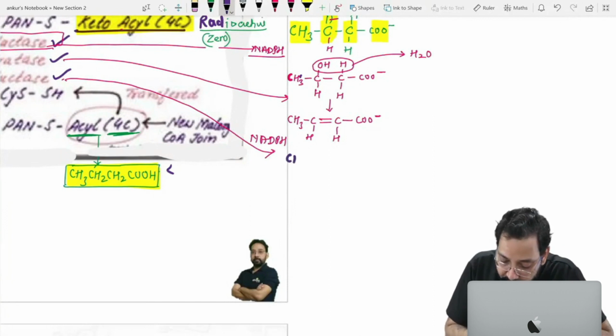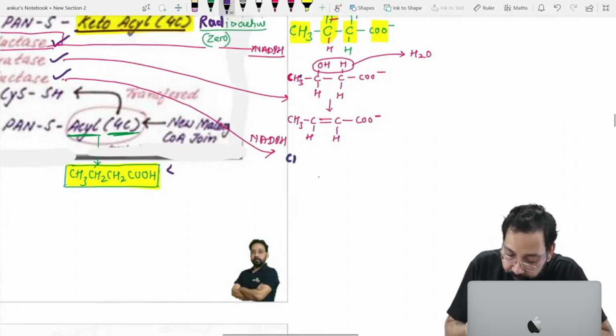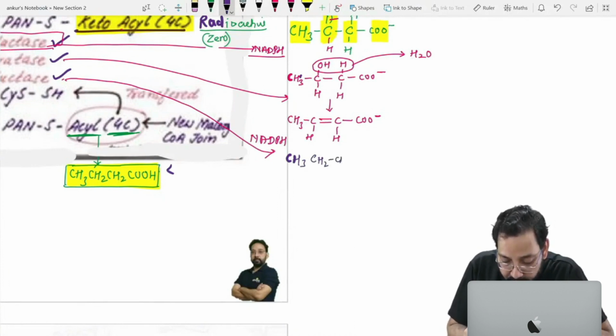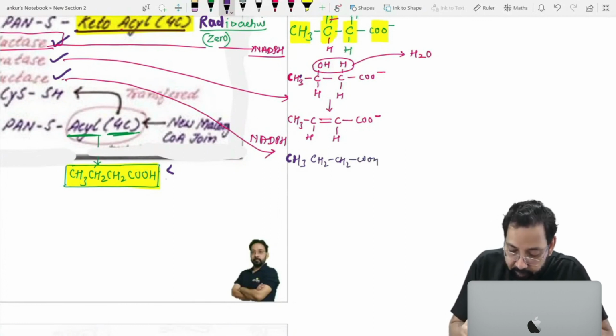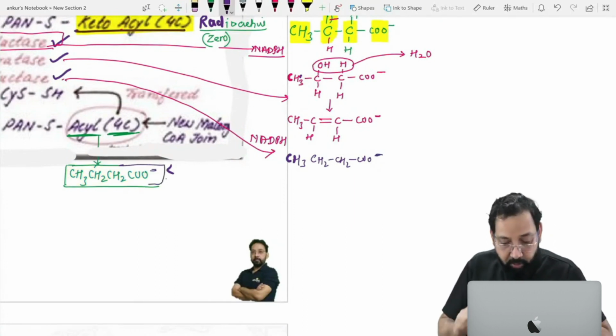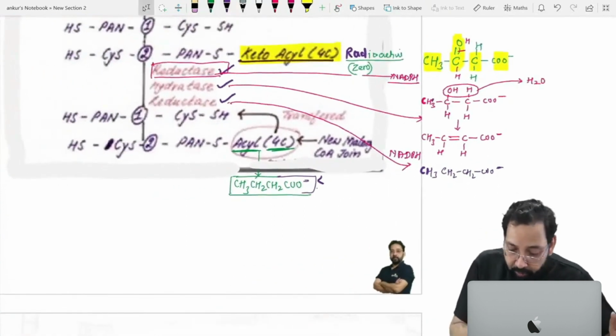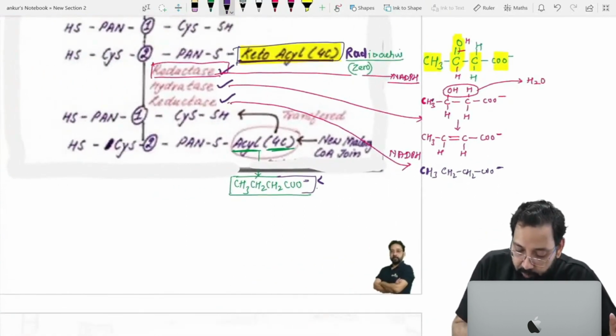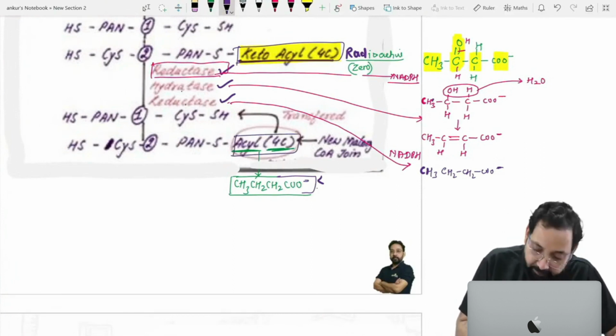It will give CH3, CH2, CH2, COOH, and this is COO minus, butyrate. So you can convert ketoacyl to butyric acid by reductase, hydratase, reductase.